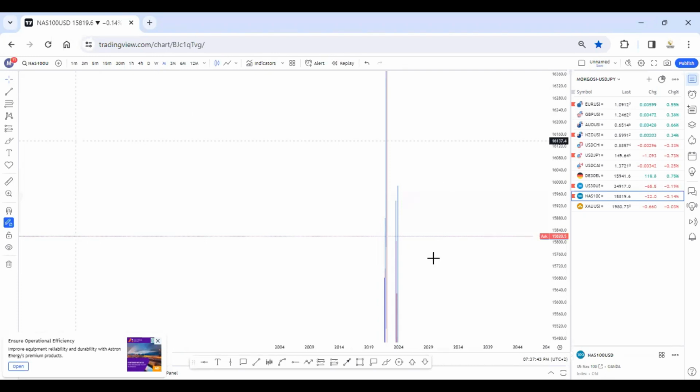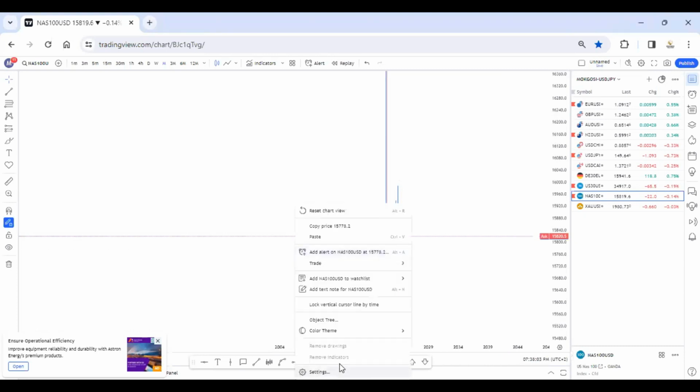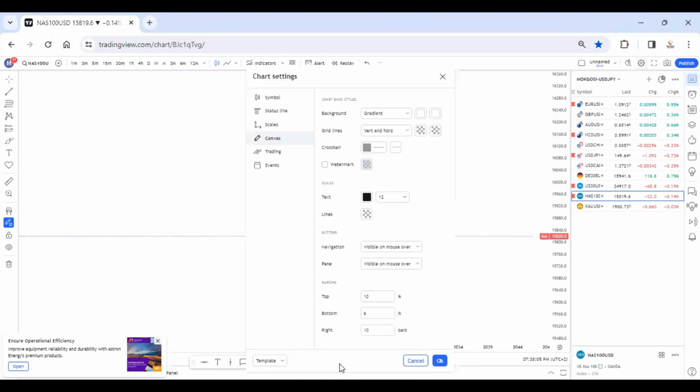So you must work. It's the right time to work right now. If you don't give yourself time right now, for the coming weeks during December, I'm telling you, you can't make anything. So let's start analyzing the Nasdaq, which is an index itself.